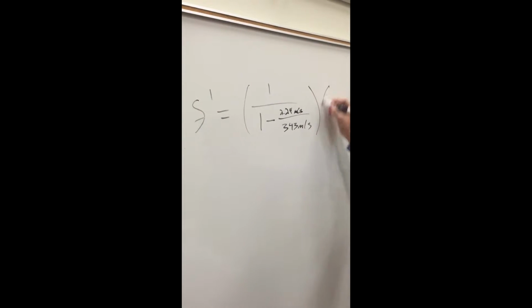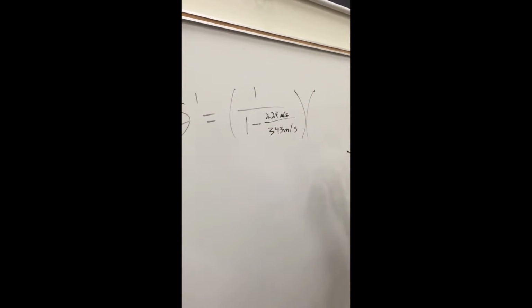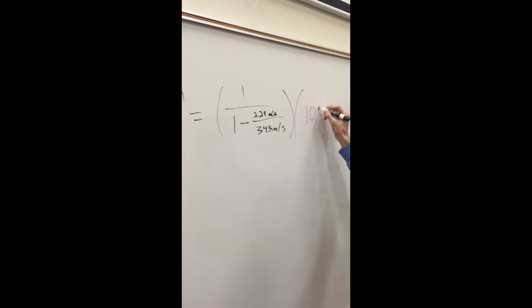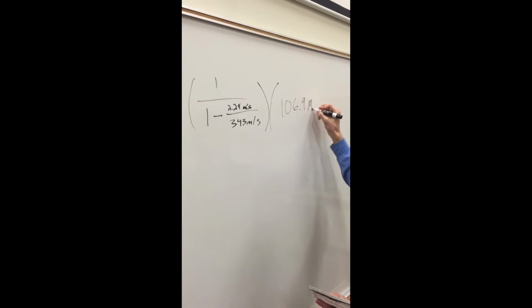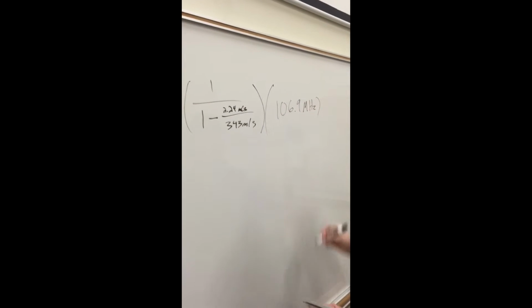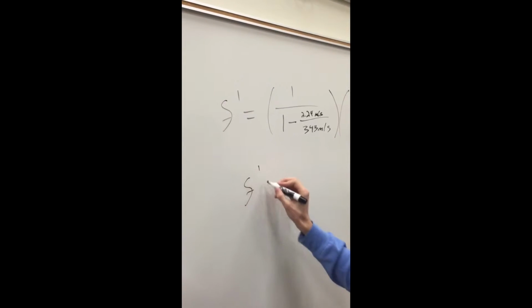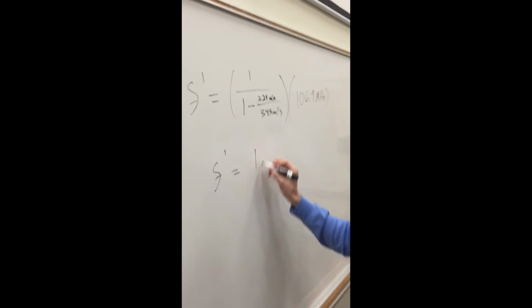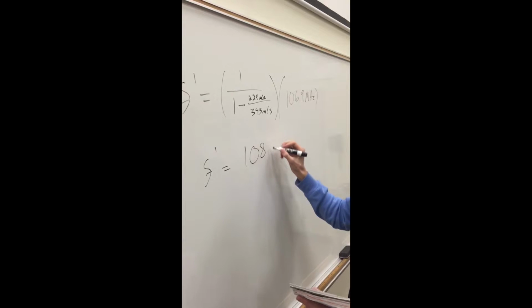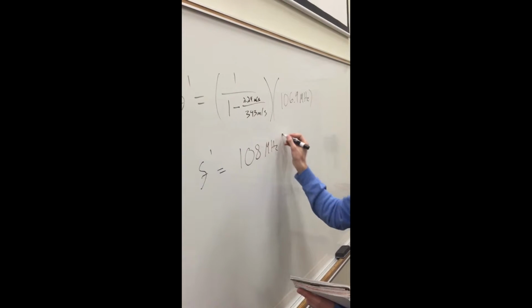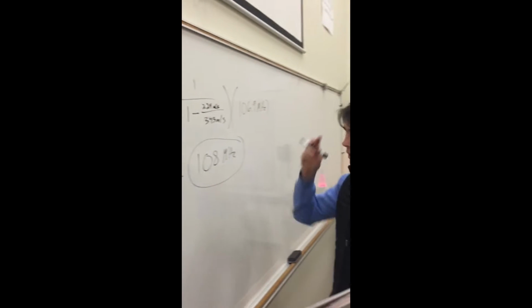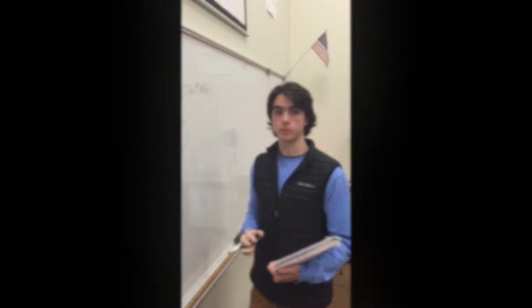And we're going to multiply this quantity by 106.9 megahertz. And this, we'll get the perceived frequency to equal 108 megahertz. So this is what Chris perceived as the car drove past him.